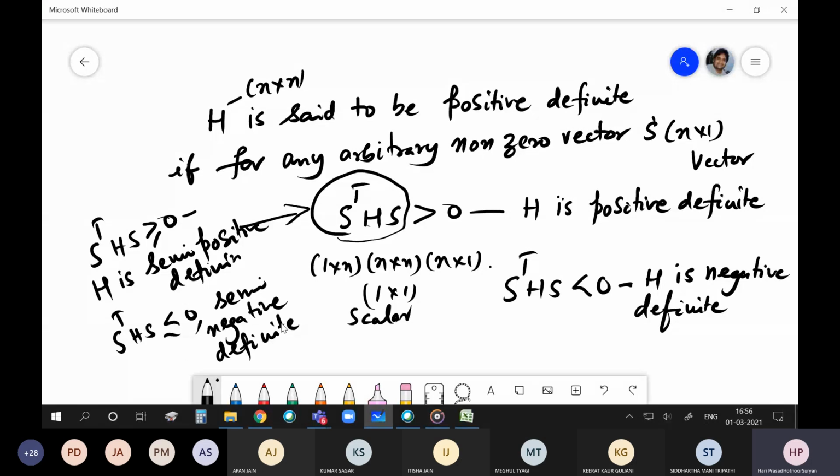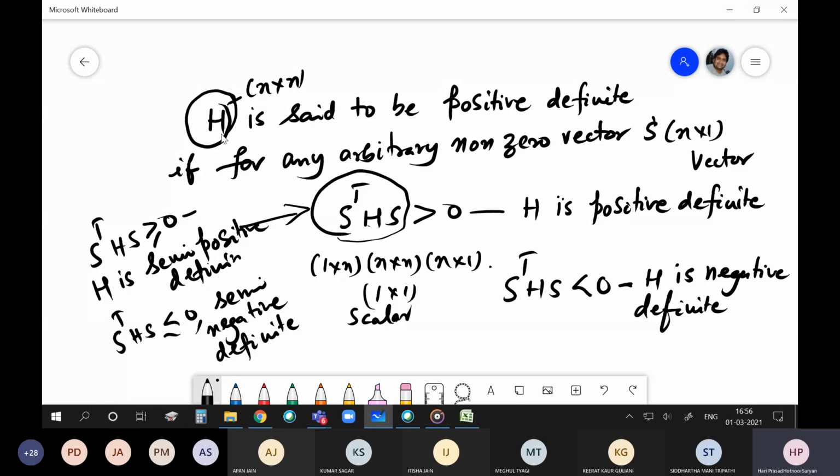If I can prove this about the Hessian matrix, what is the Hessian matrix? It is the matrix formed by the second derivatives: del square f by del x1 square, del square f by del x1 del x2, like this, which I wrote.